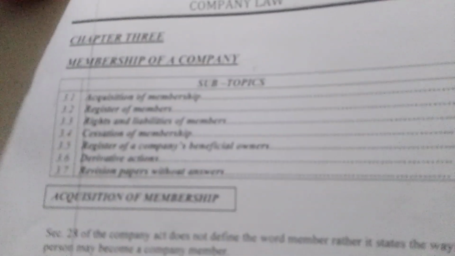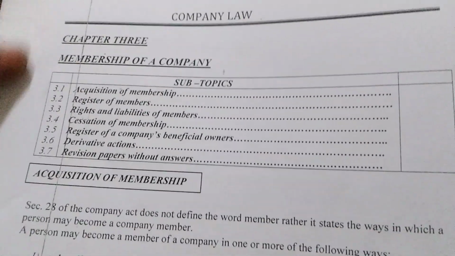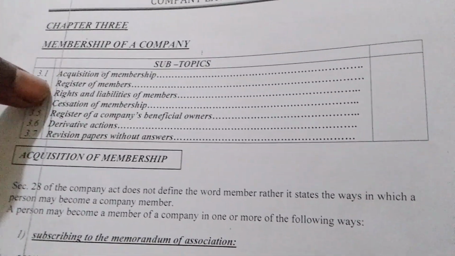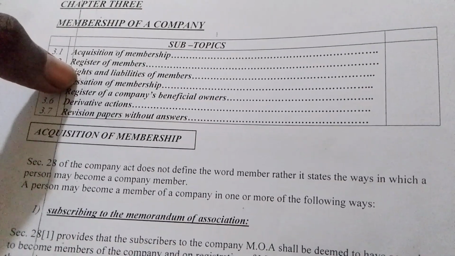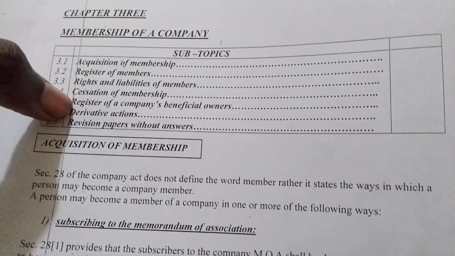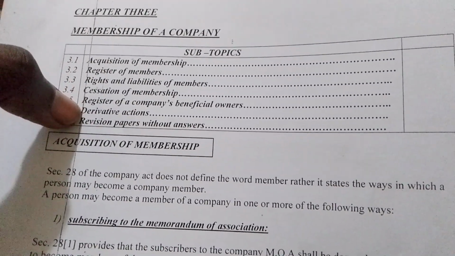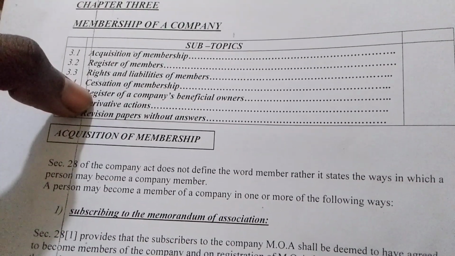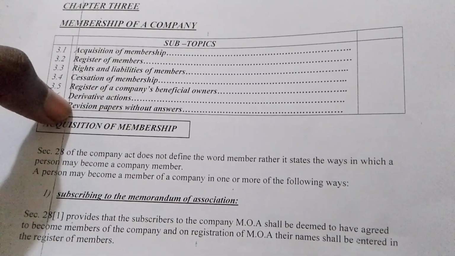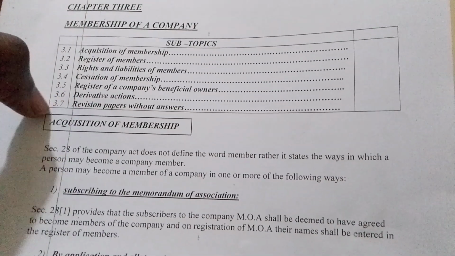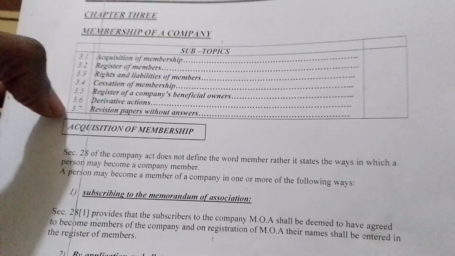Your syllabus requires you to go through acquisition of membership, register of members, rights and liabilities of a member, cessation of membership, register of a company's beneficial owners, derivative actions.